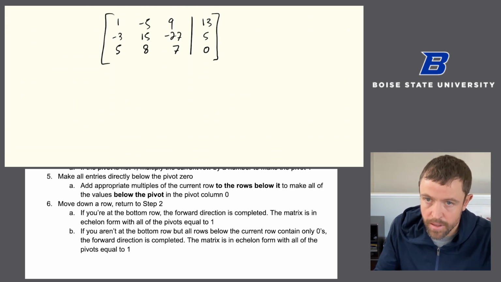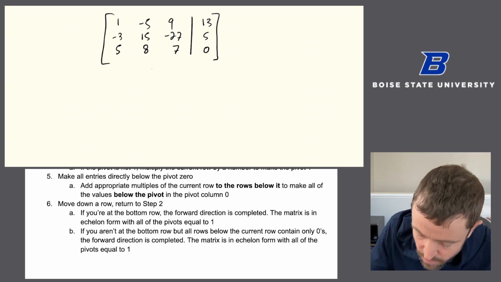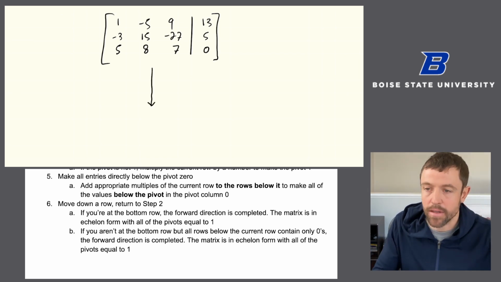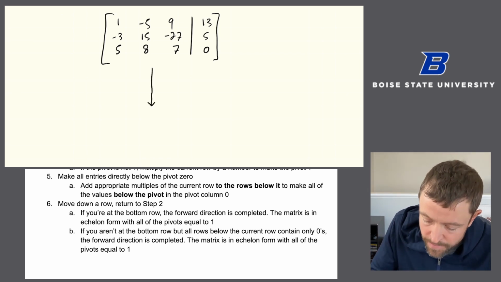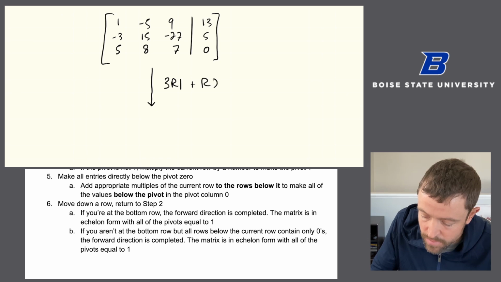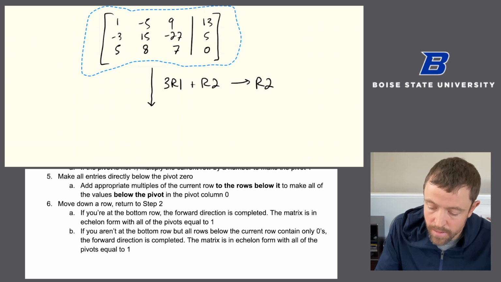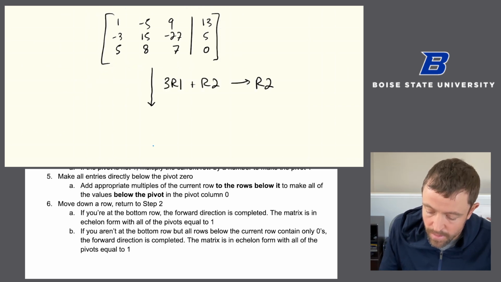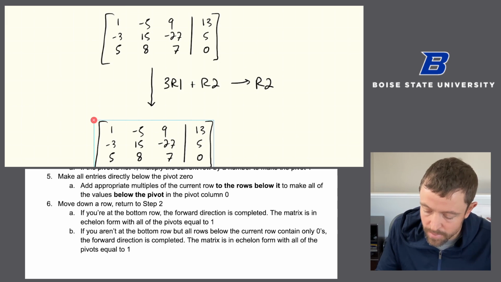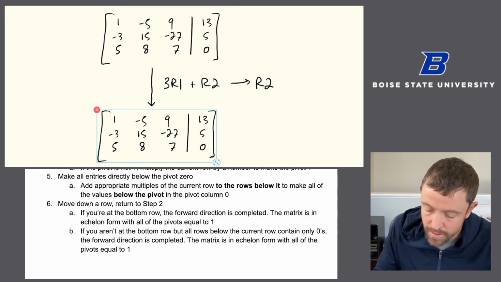So I ignore the system of equations. I no longer need to think about the fact that I'm working with a system of equations. I'm going to do 3 row 1 plus row 2 in place of row 2. So that's going to get rid of this minus 3. I'm going to paste this here. And so what's going to happen?